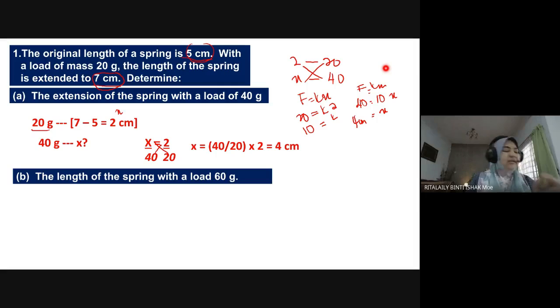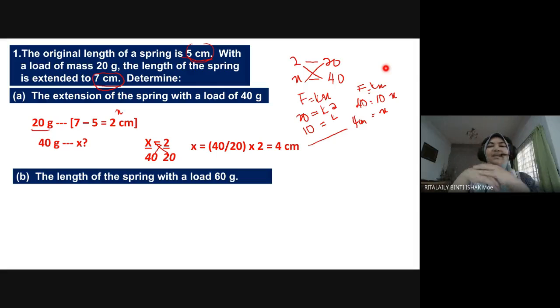Proportion. Ratio, it's not ratio. Okay, so this proportion method you can use. Which one you think is easier? Up to you. But if it's for me, I would prefer if you answer in Hooke's law formula. Because ada certain question awak guna proportion dia tak berapa accurate.